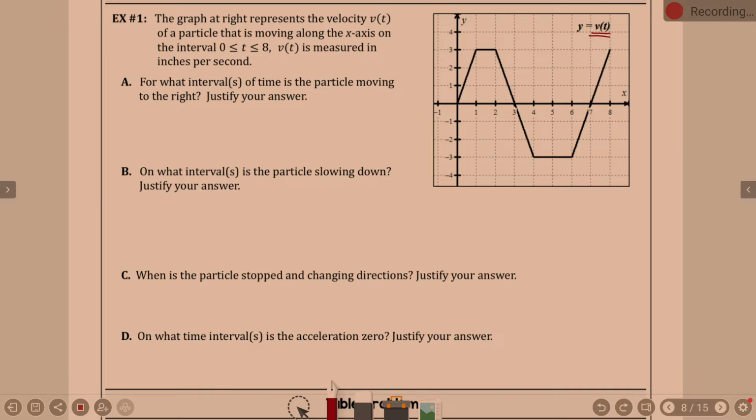So what interval of time is the particle moving to the right? And justify your answer. So don't overlook that word there, justify. So when would a particle be moving to the right?